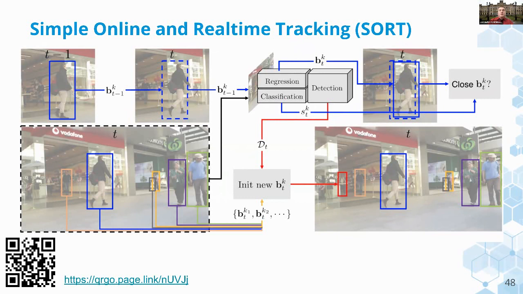This simple but effective approach won the second place on the Multiple Object Tracking Challenge in 2016, and showed almost similar performance as the algorithm which won the first place on this competition, while this SORT algorithm could be executed on any hardware almost in real time.